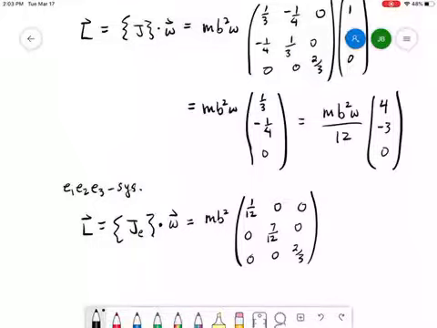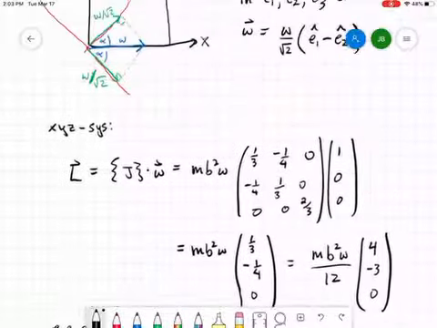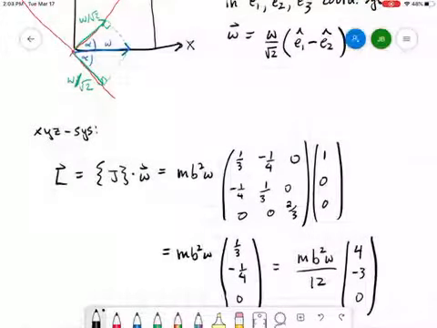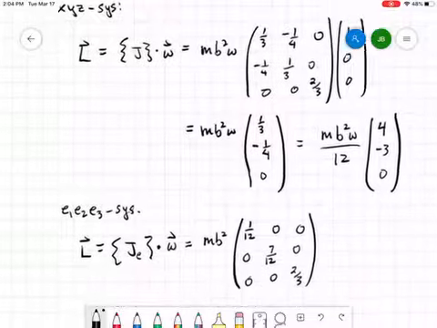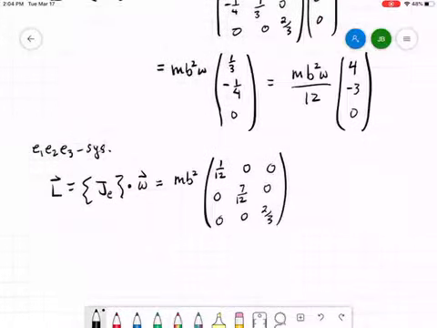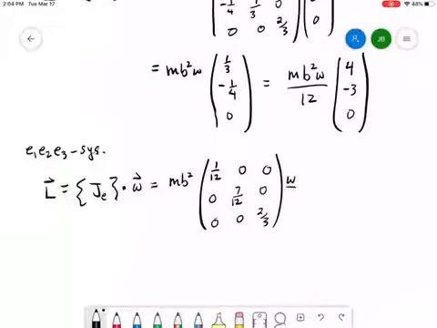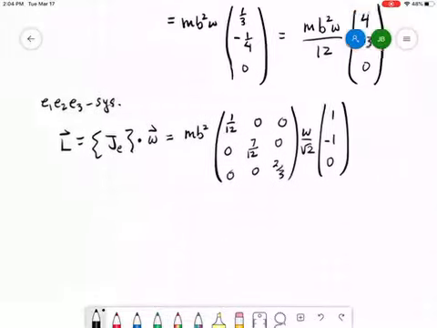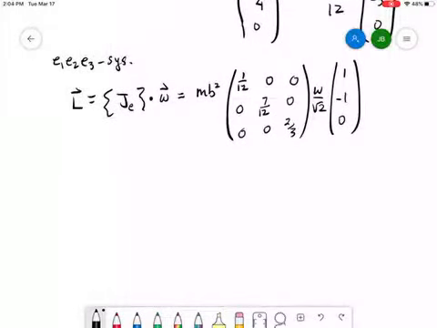And now omega here is omega over root 2, and then it's plus in the E1 direction and minus in the E2 direction. So we should get omega over root 2, 1, minus 1, 0. So this is m b squared omega over root 2.